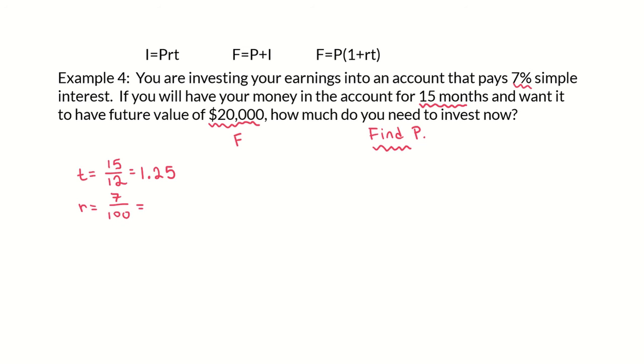So we calculate 7 over 100 to get 0.07 for R. And now let's plug this information into this formula that compares the future value with the principal value. So plugging in, we would get 20,000 equals P, which we do not know, times 1 plus R, which is 0.07, multiplied by t, which is 1.25.